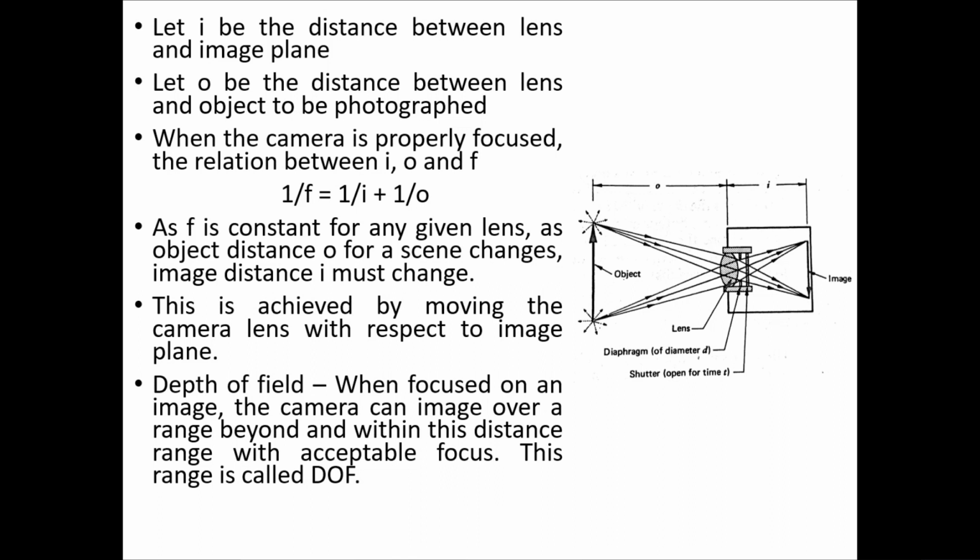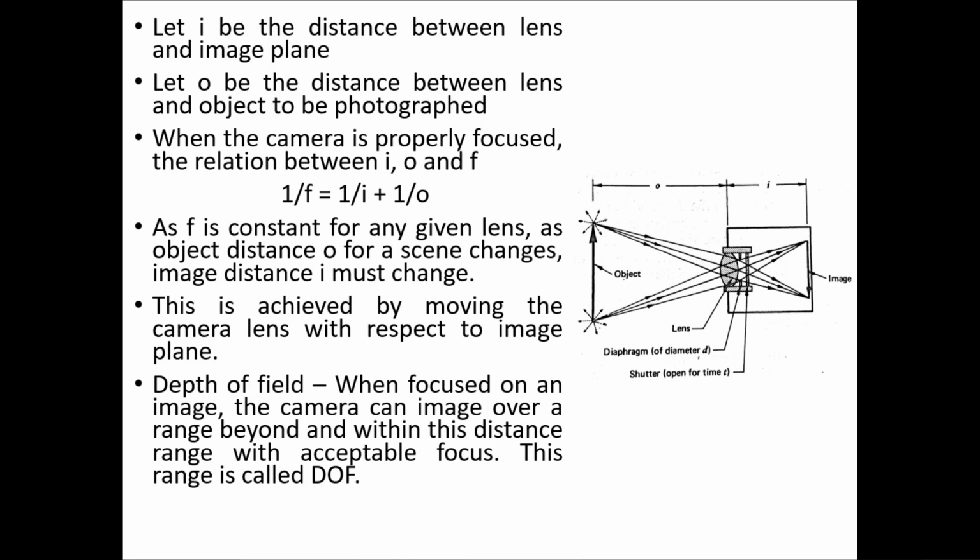When you focus on different objects at different distances, how will you adjust the distance between the lens and the image plane? By moving the lens, right? You can move the camera lens with respect to the image plane. You use different types of lenses, isn't it?